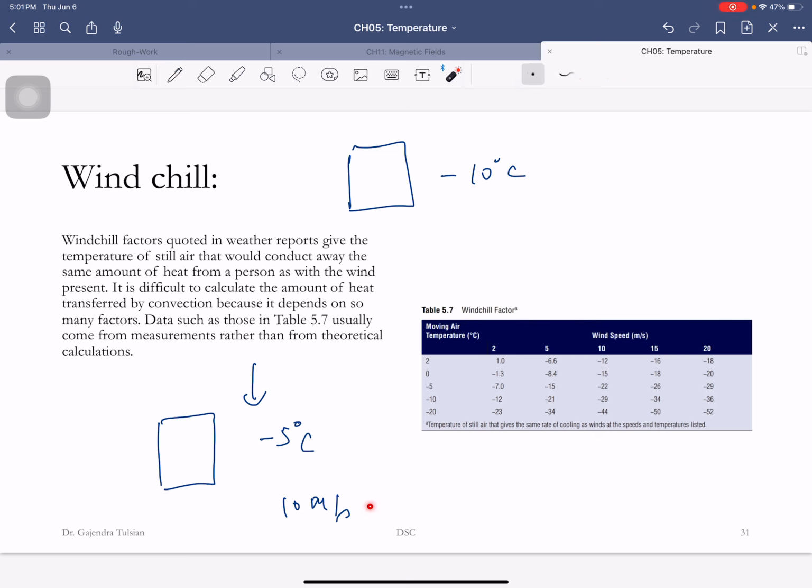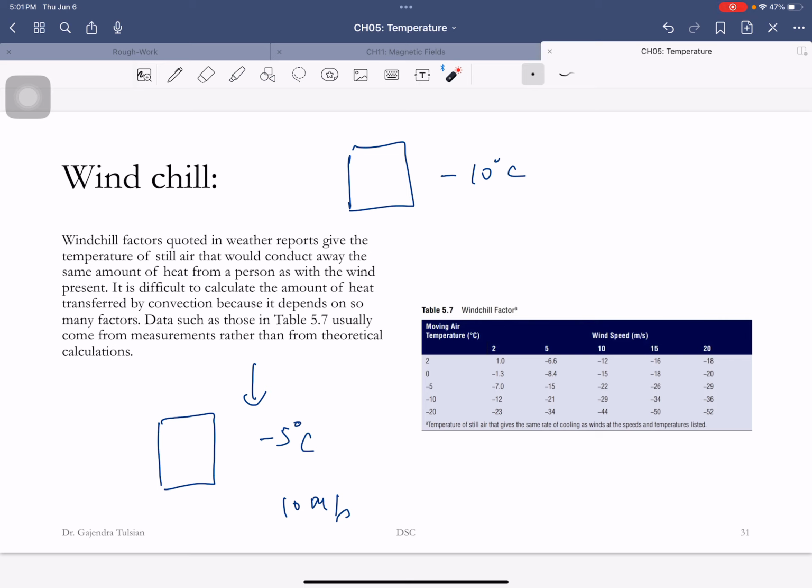What wind does is, your body warms the air, and then that warm air goes away and gets replaced by cold air, so you lose heat energy fast, and that's why it feels colder. The wind chill factor takes account of that.